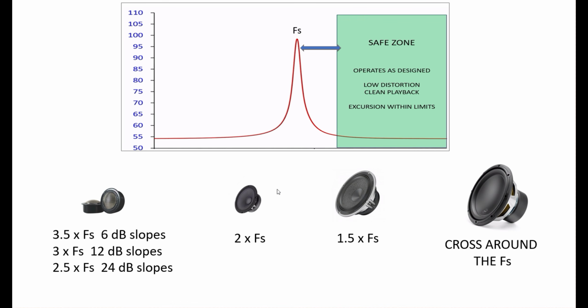To give you an example, and I'm making these numbers up, let's say my excursion at 250 hertz was 1 millimeter, and I had an Xmax on this speaker of 5 millimeters. By the time I'm playing down at 160 hertz, I would be looking for 4 to 5 times the excursion. So I want the speaker to be moving 4 or 5 millimeters compared to what it would be at 250.